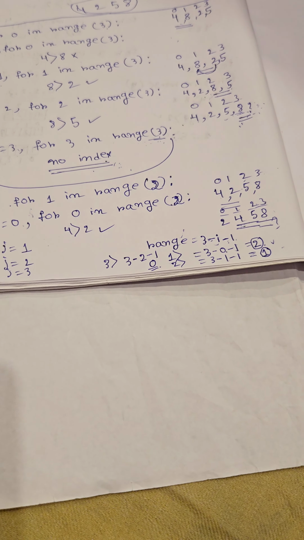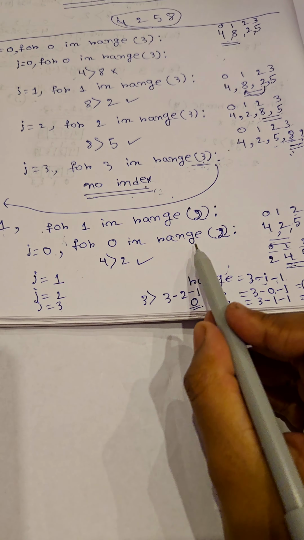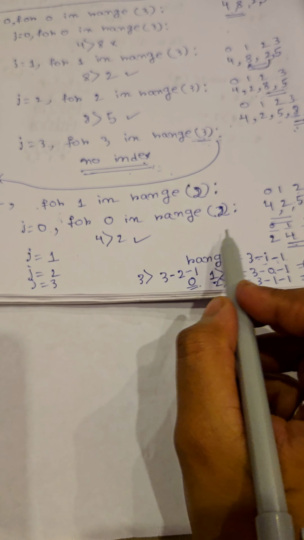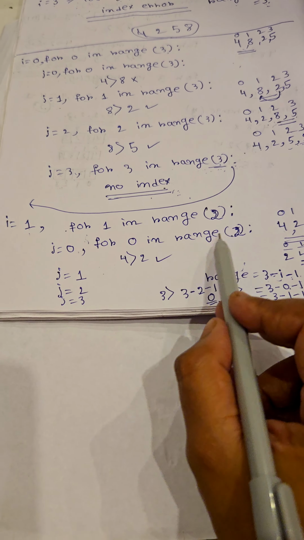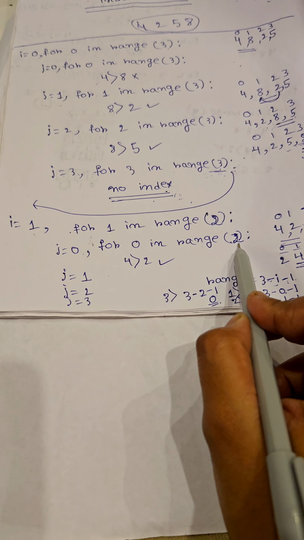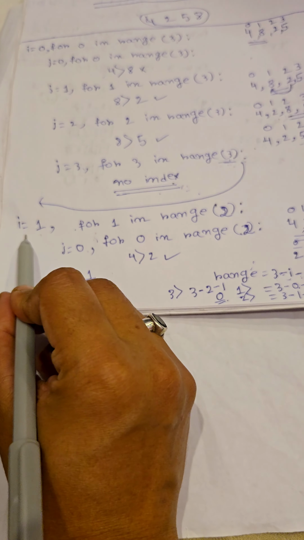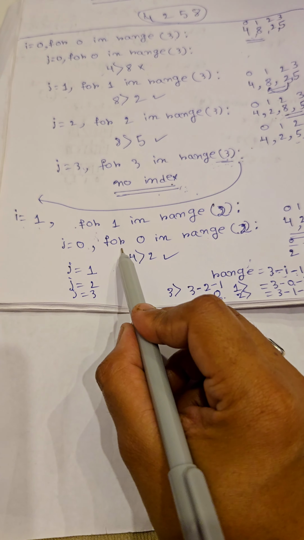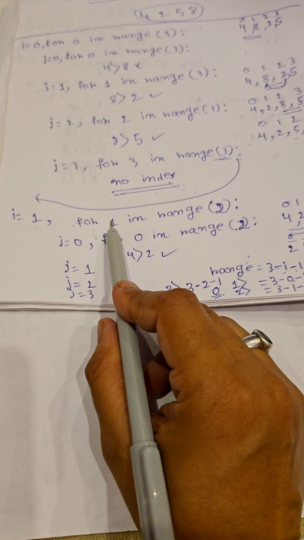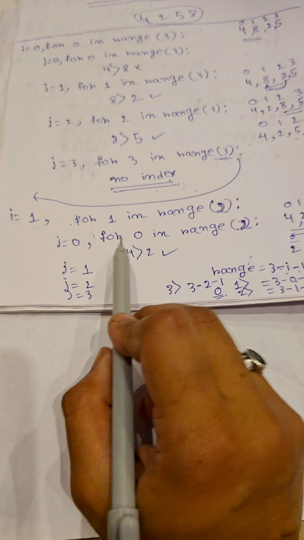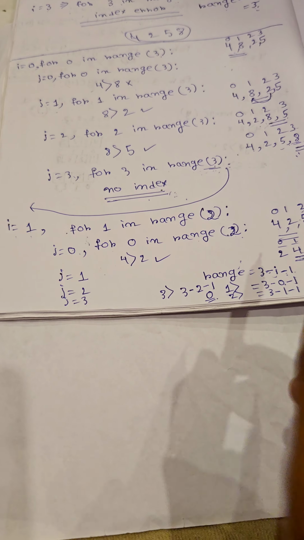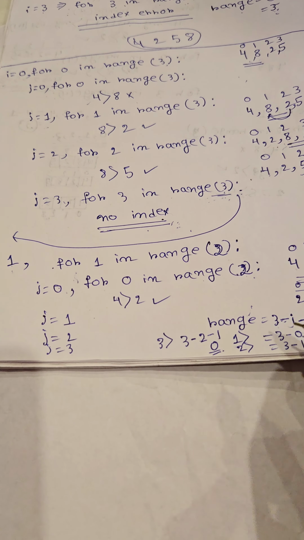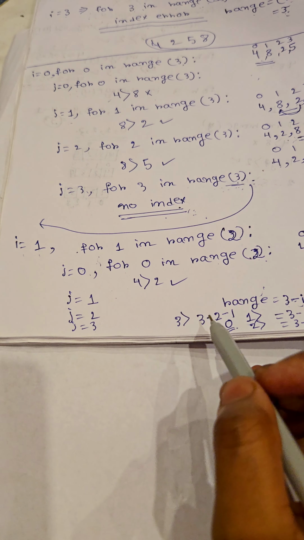Technically the control should end here, but because we had given the range 2, the control will come again with i equal to 2, and it will check for j in range 2, so the loop will run again.